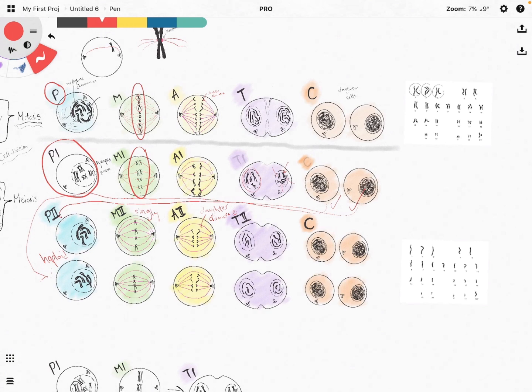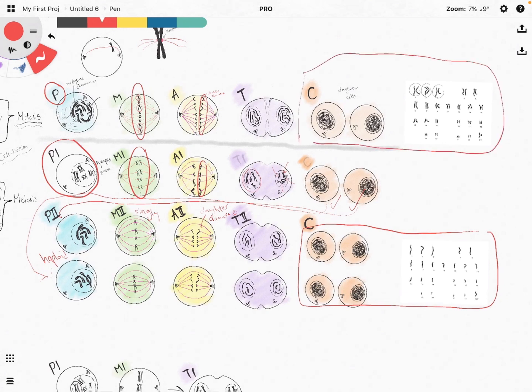Number 3, homologous chromosomes are pulled to opposite poles in anaphase 1 of meiosis, whereas in anaphase of mitosis, it is the sister chromatids that are pulled to opposite poles. Number 4, at the end of meiosis, we get 4 daughter cells that are haploid, whereas in mitosis, we get 2 daughter cells, each diploid in nature.